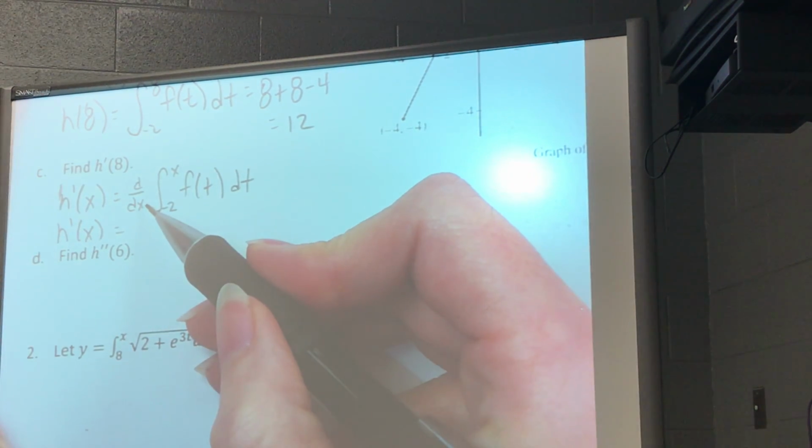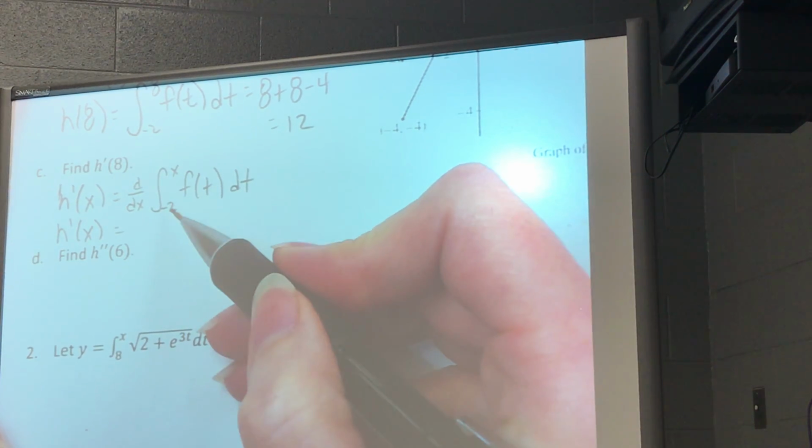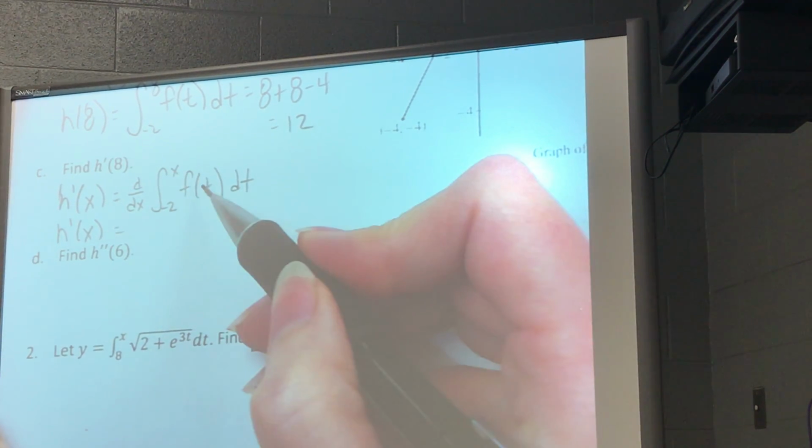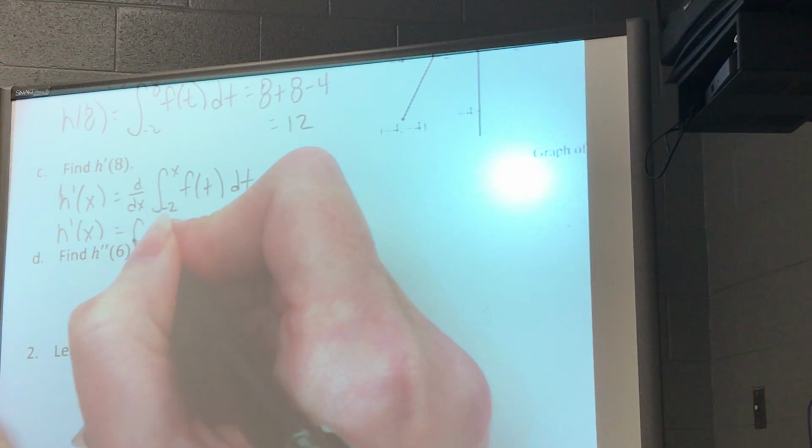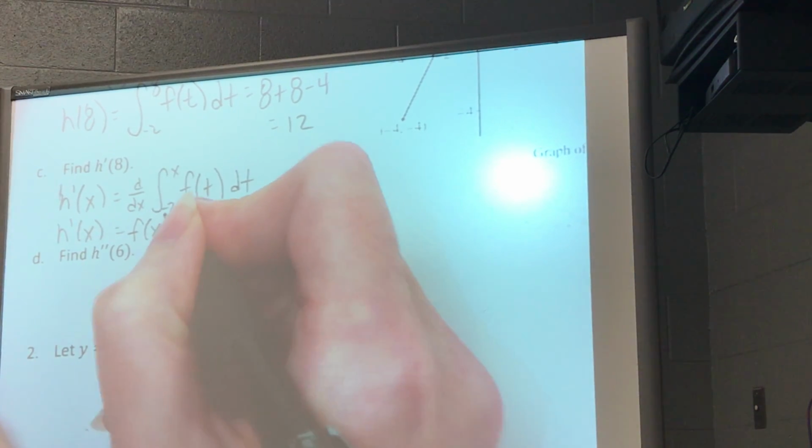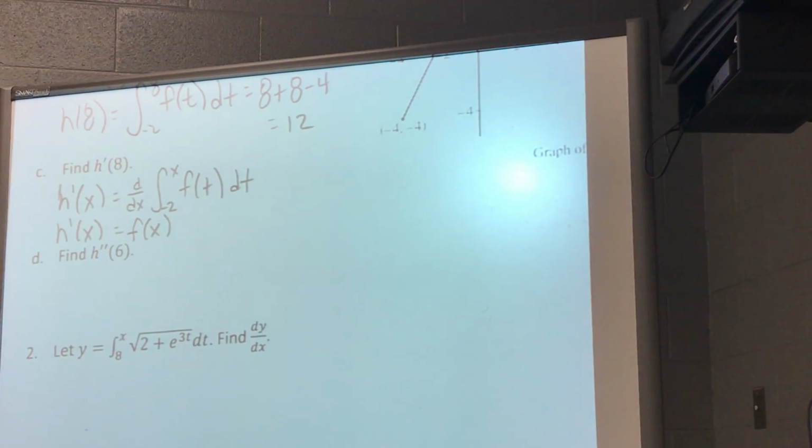So we're going to take the derivative of the accumulation function from -2 to x. All it does is it just changes it to f of x.